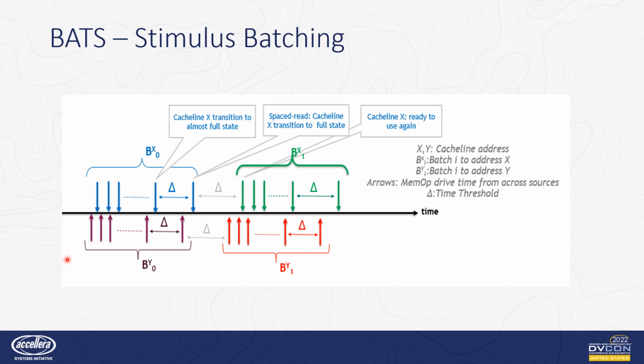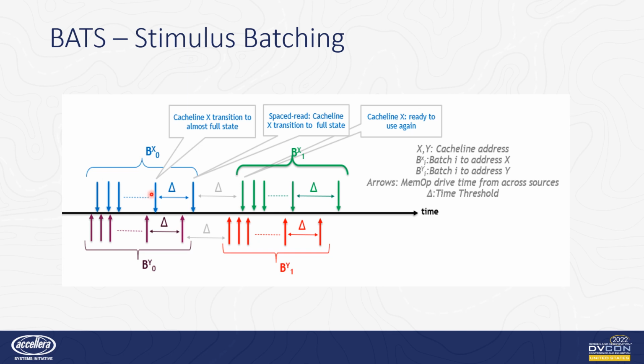Okay, this slide demonstrates a sample output of the stimulus batching code that's there in BATS. Using two addresses X and Y, each arrow represents the drive time of a memory operation on the DUT boundary from a source. As you can see, when various sources start requesting a particular address X and drive them on the interface, for the first few requests the agents will ask BATS for permission, and BATS will grant permission, but it will keep a total count of the number of requests sent by all the agents to the DUT.